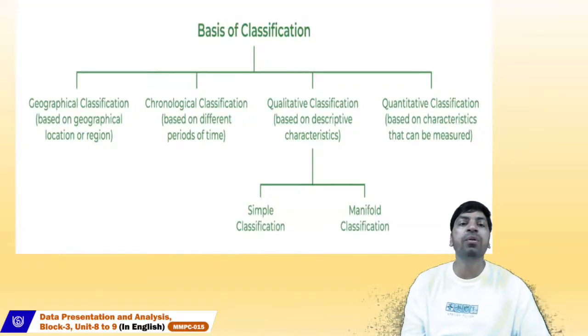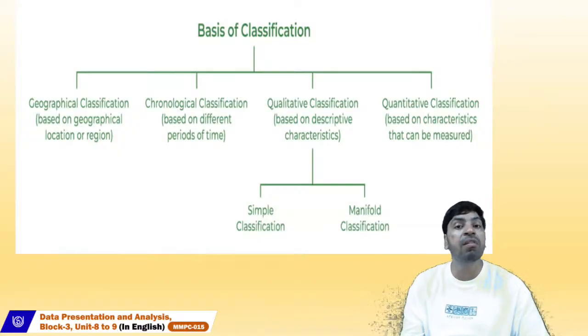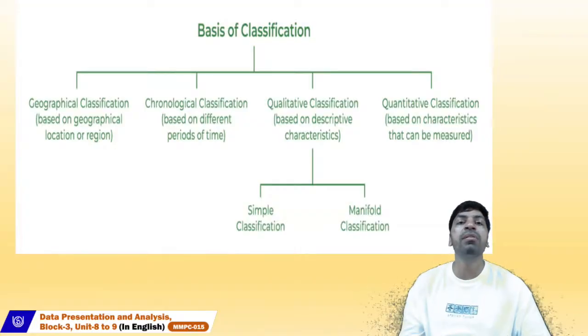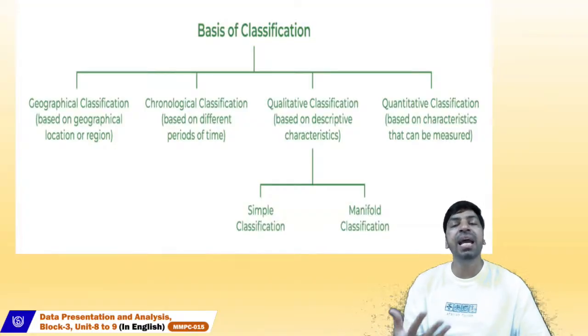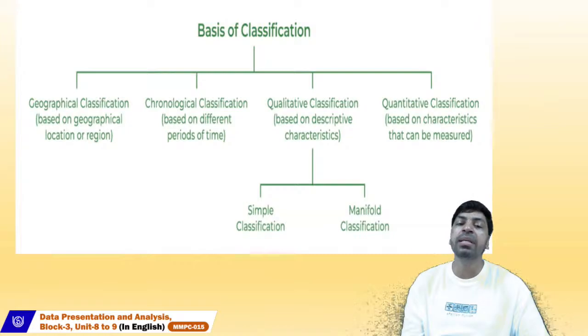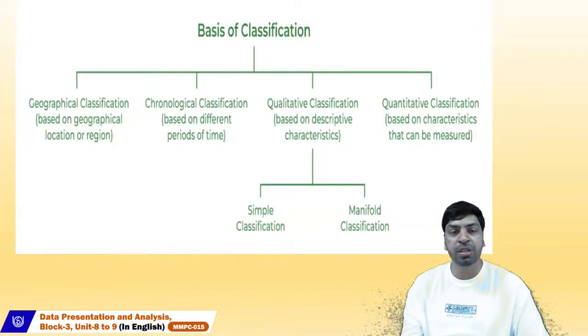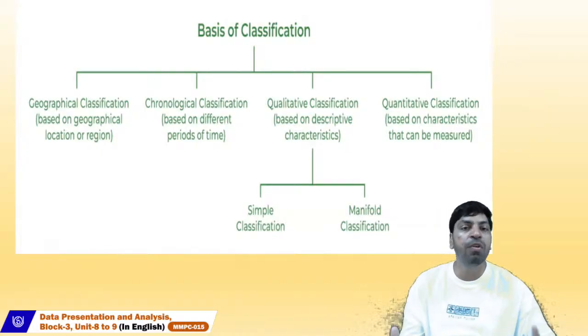The chronological classification is based on different periods of time. The qualitative classification is descriptive in nature, which is categorized into two main parts: simple classification and manifold classification. The next one is the quantitative classification, which is based on characteristics that can be measured. So let's have a small overview of all of these bases with the respective examples.